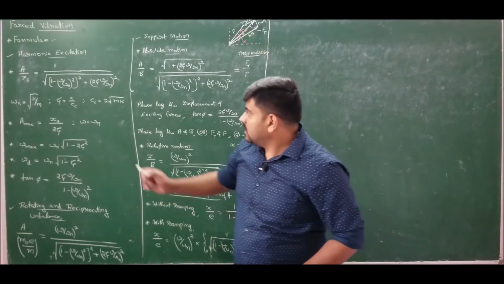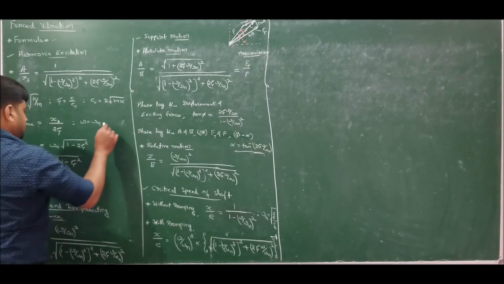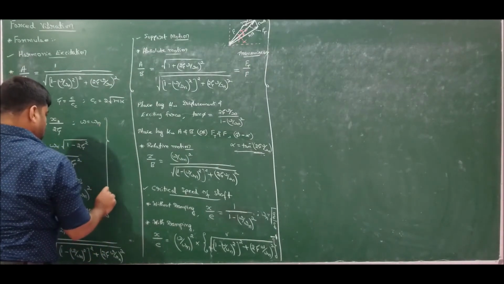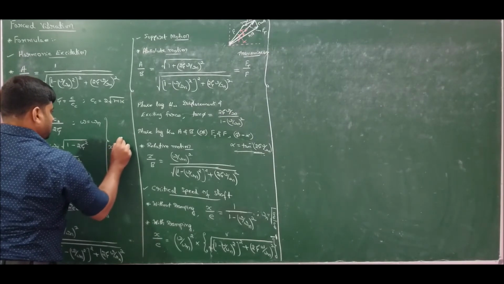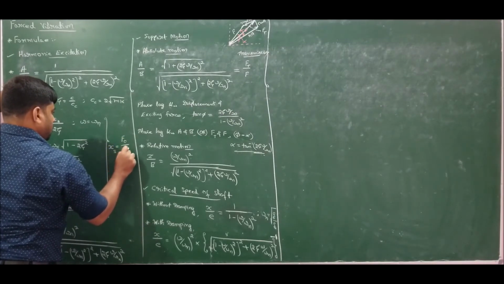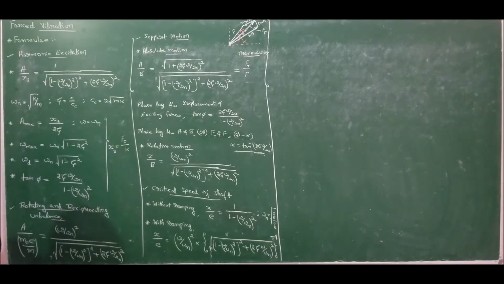So here I didn't write excess, right? Excess is given by f naught by k.